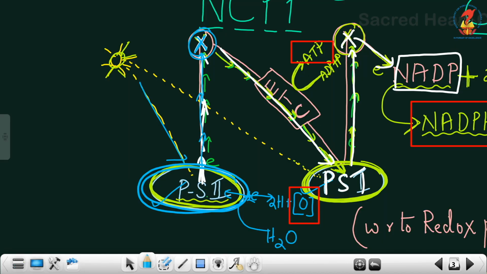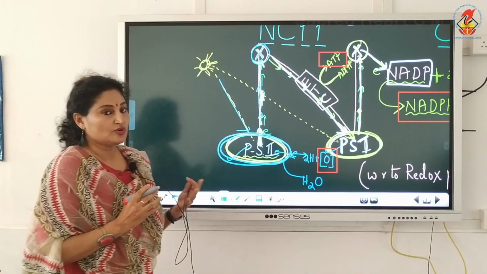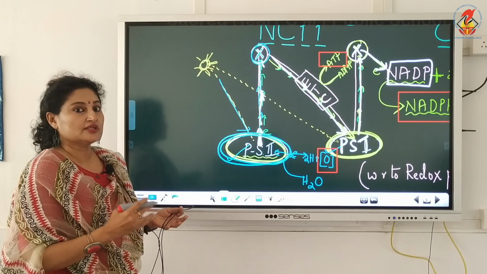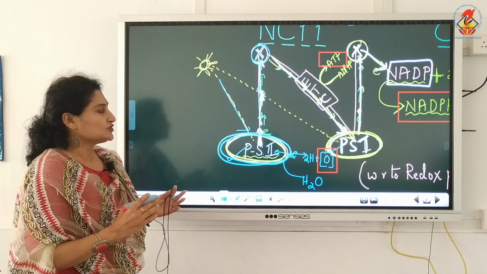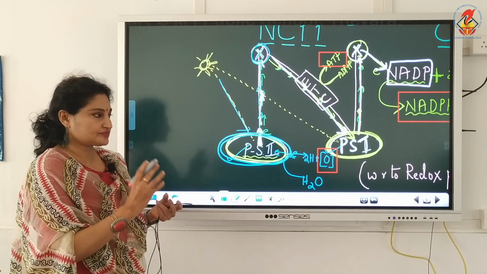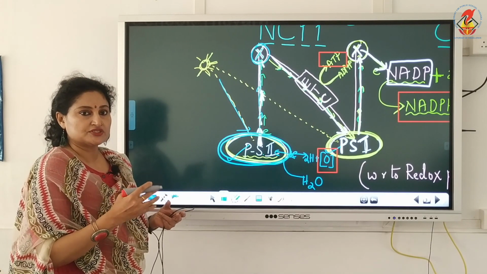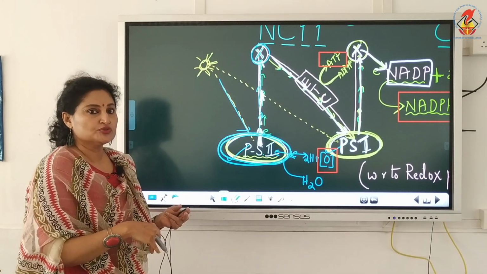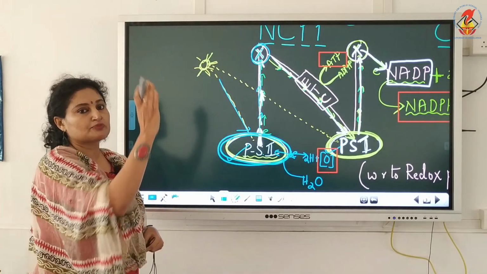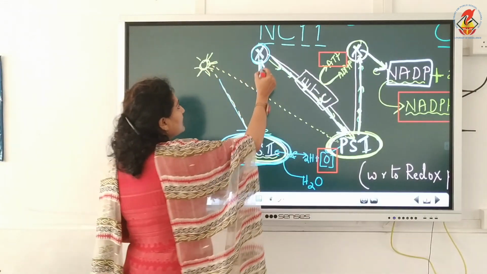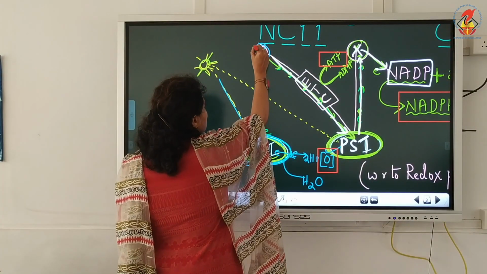Clear? Then from this electron acceptor, now look at the location of the electron acceptor. It's gone above. Why? It is showing a greater redox potential. So remember, any product going up in the flow chart indicates it's of higher redox potential. And when the flow chart comes down, you use the word downhill. When the flow chart goes up, use the word uphill.